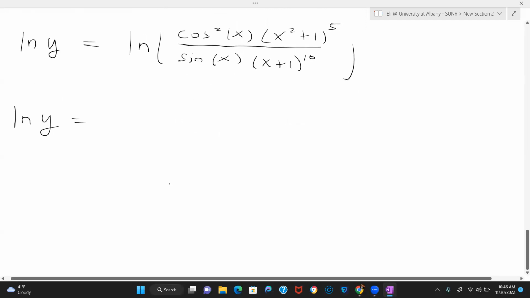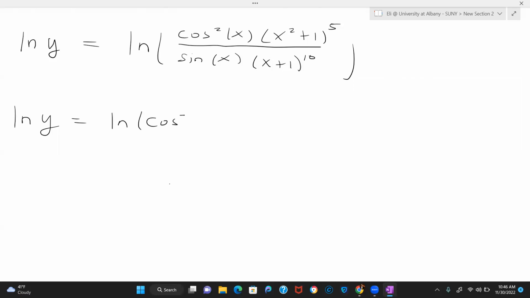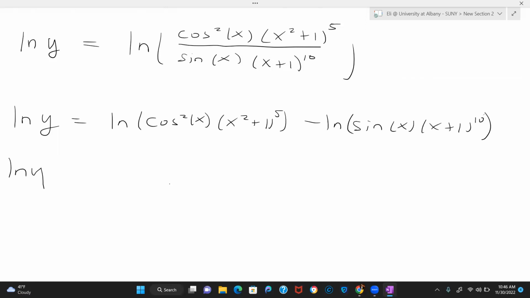So it's natural log, so I'm going to split this. So the quotient becomes a difference, and then the products become addition. All right, so that's that.